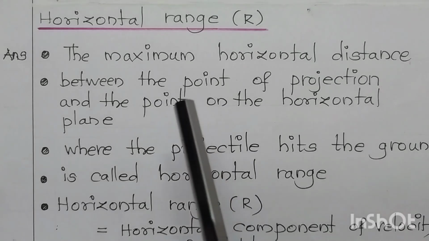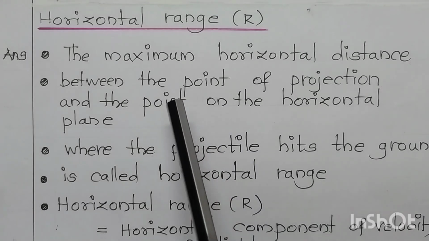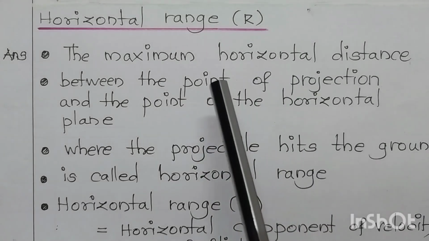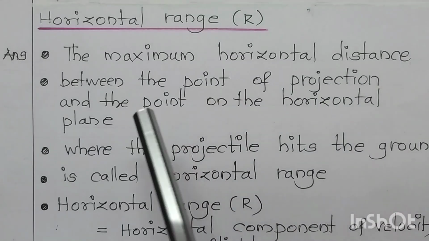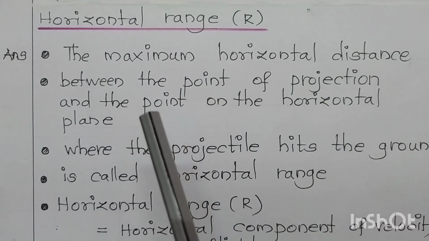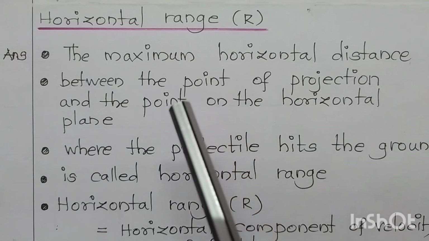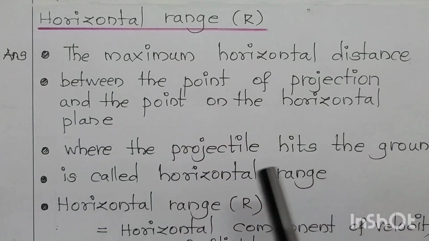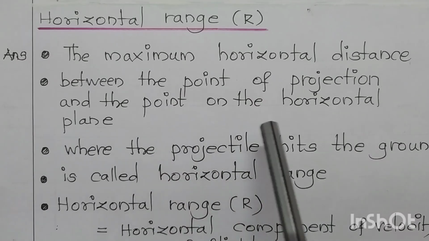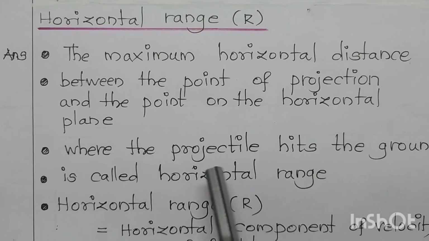I mean the place where an object is thrown. The thrown object is called the projectile, and all of you know that. So the place where the object is thrown and the place where the object falls on the ground, the distance between these two points is known as horizontal range.